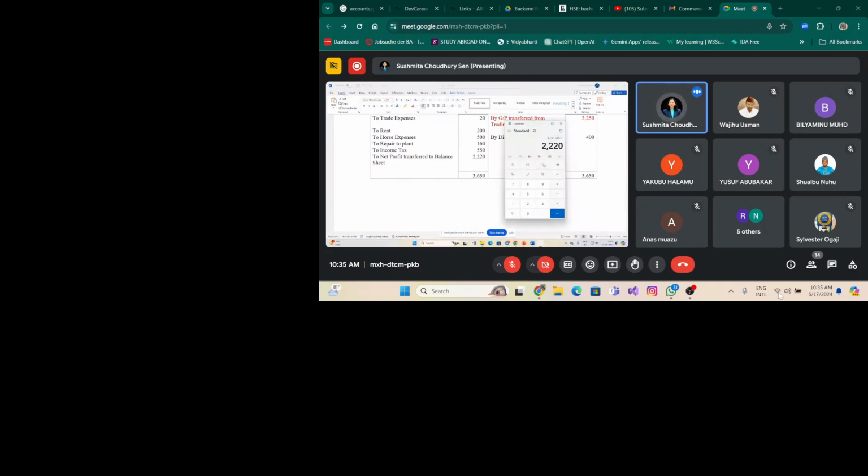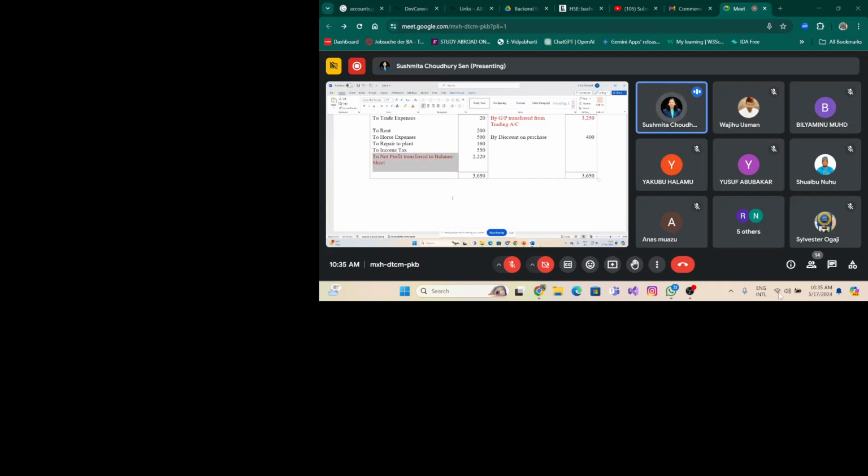Finally, we can find that 2,220 amount is still left. So income is more and expenditure is less again, so the balance is appearing in the left side, and this balance is known as net profit. This net profit is the actual profit of the business after considering all the transactions.